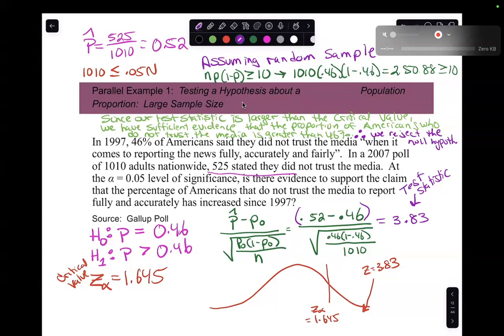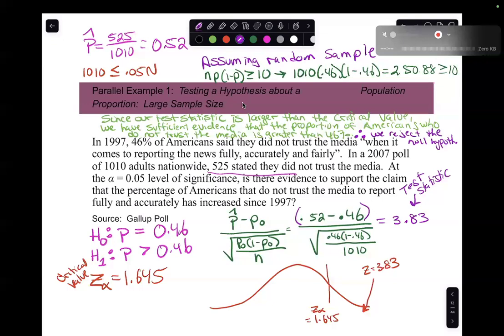Here's what you must have in your conclusion. You must have what evidence showed you that we should reject the null hypothesis. I don't care if you give me bullet points, you do you. Here it was that my test statistic was greater than the critical value. That's my evidence. Tell me what the evidence is.